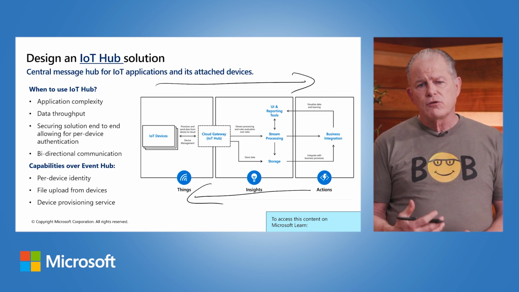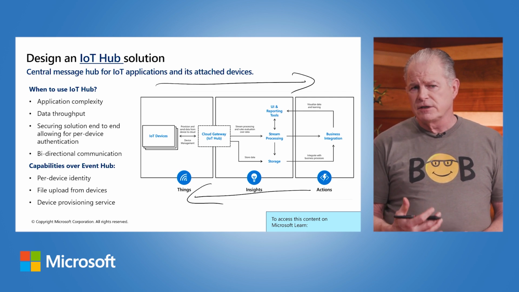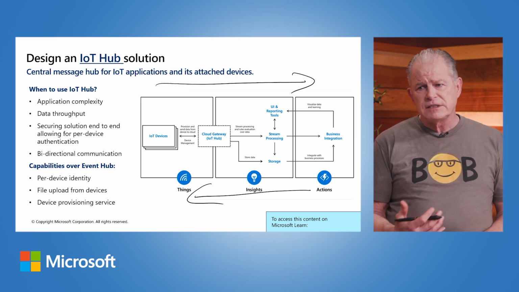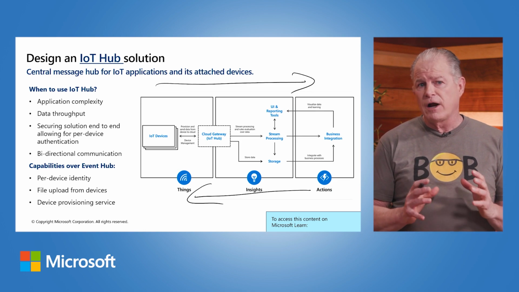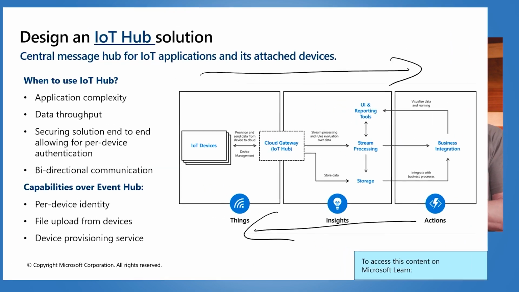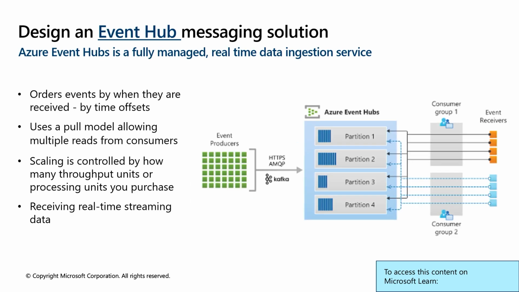We can communicate through the hub itself. But IoT Hub is a very similar type of queue as the other queues that we've had, to be able to take events and or message queues and customize them specifically for IoT devices and be able to provide for this bi-directional communication. Let's take a look at event hubs.